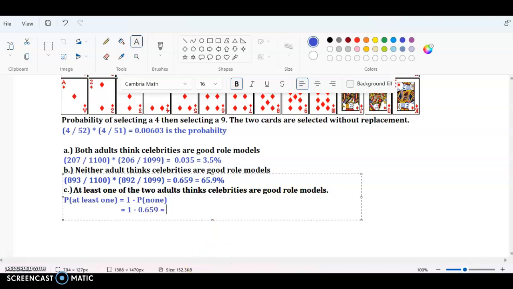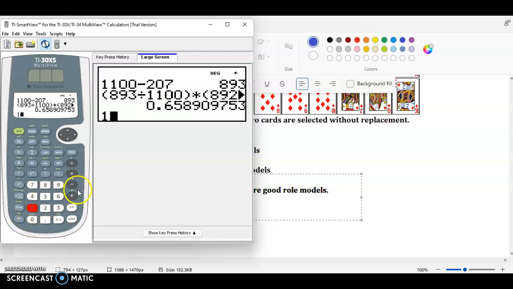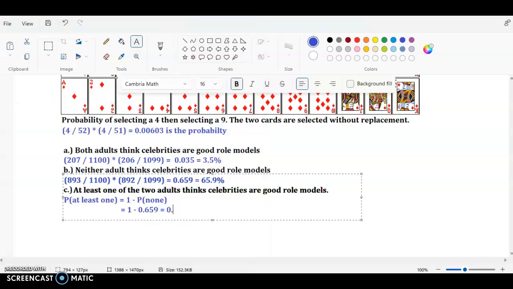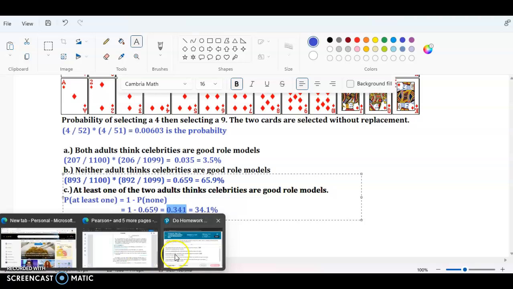My calculator is 1 minus 0.659, which is equal to 0.341, or about a 34.1% chance that out of the two adults we select, at least one of them holds the belief that celebrities are good role models. The answer that we put into the problem is 0.341.